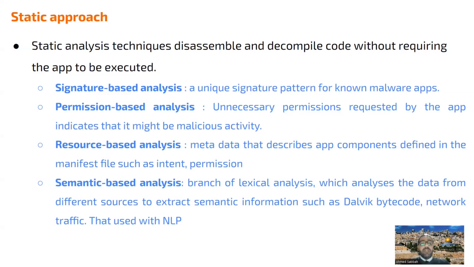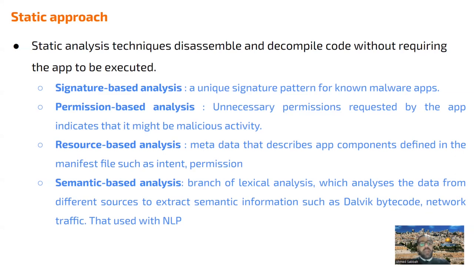Semantic-based analysis: this type of static analysis uses features extracted from the source file and then uses another technique such as natural language processing. For example, converting the binary code to an image and using image classification techniques to classify the image.